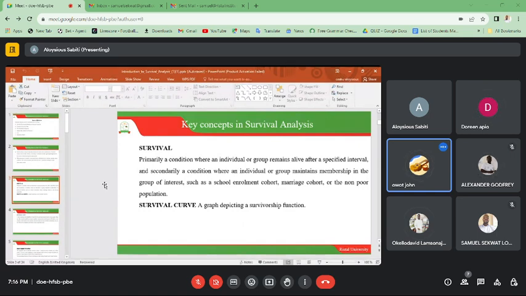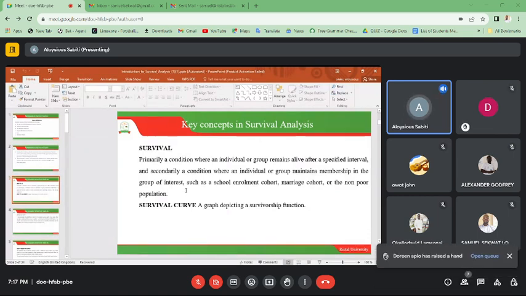All right. So we're looking at the aspect of the survival curve, which just looks at the survivorship function, how individuals survive over a period of time.